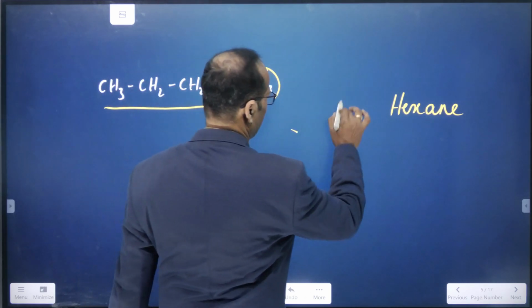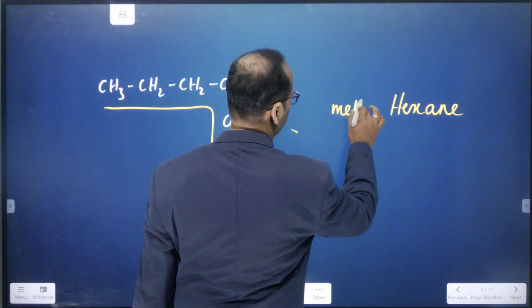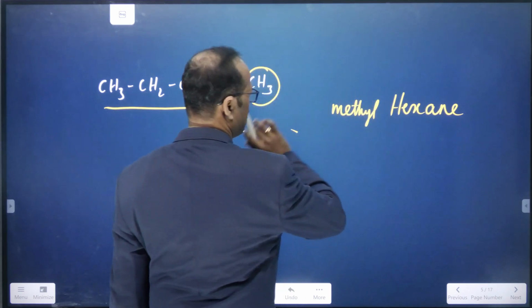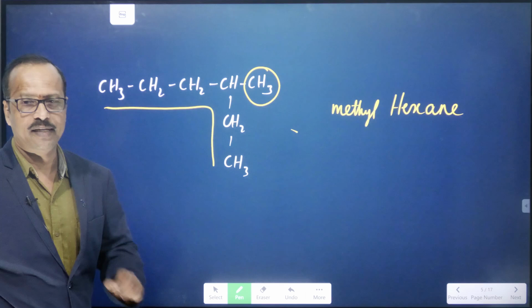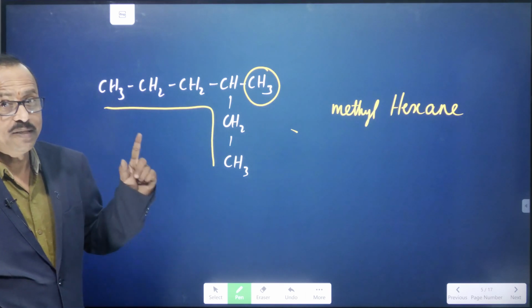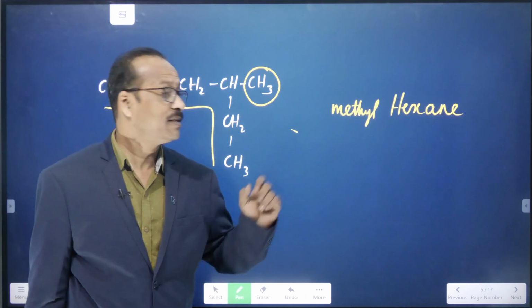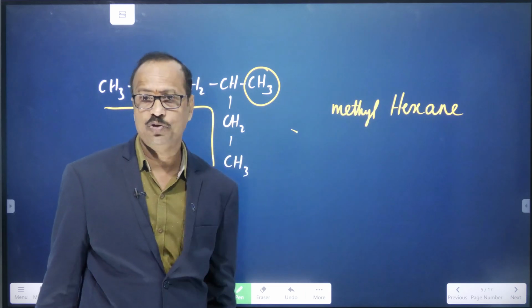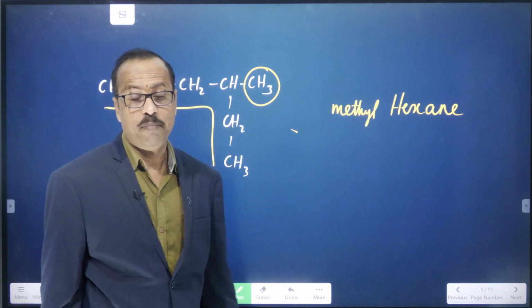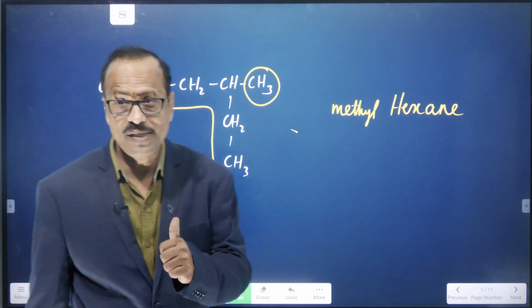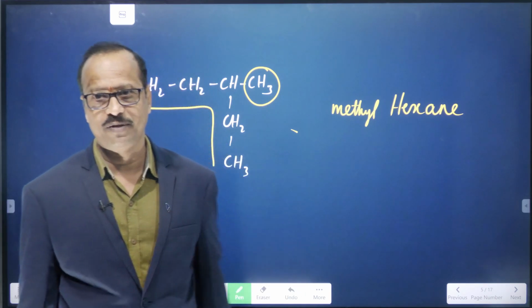So methyl is attached to the hexane, so that's methyl hexane. But this methyl is attached to which carbon? That is the question now.